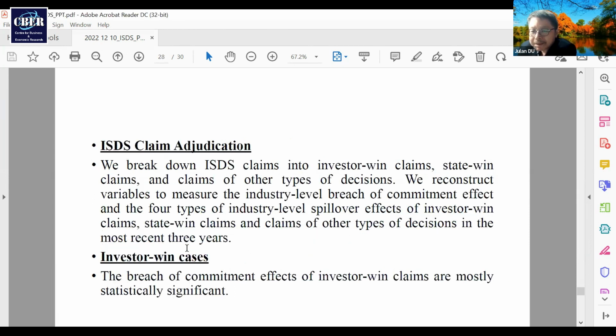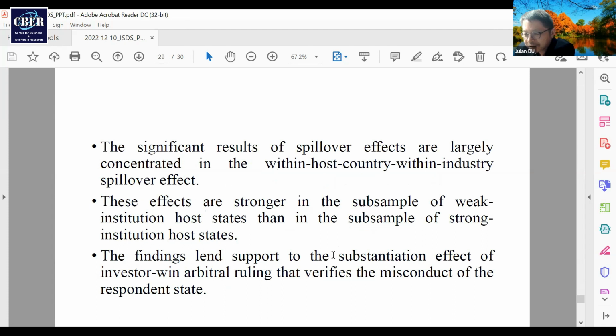And then for adjudication, we find that investor win cases have some important significant results. We can call it a substantial effect that verifies the misconduct of the respondent state.